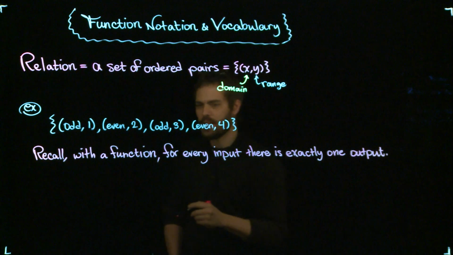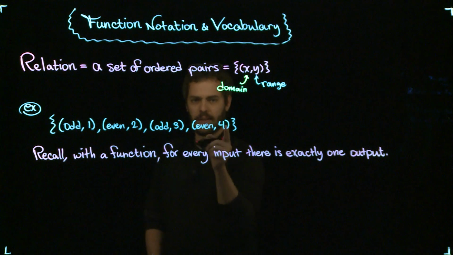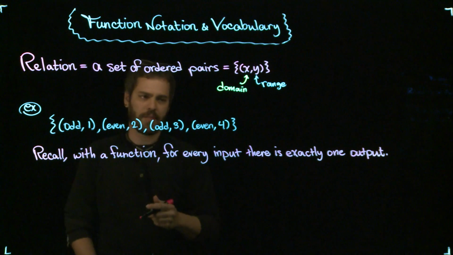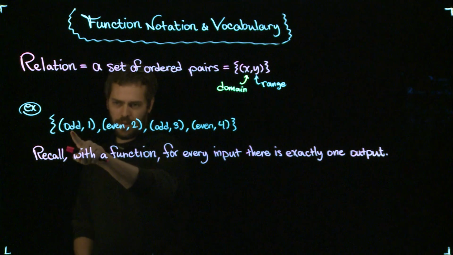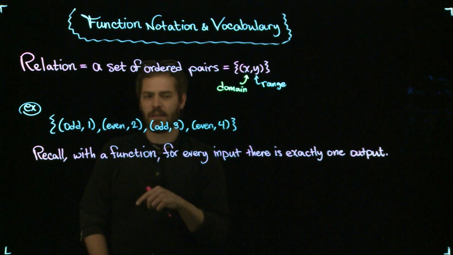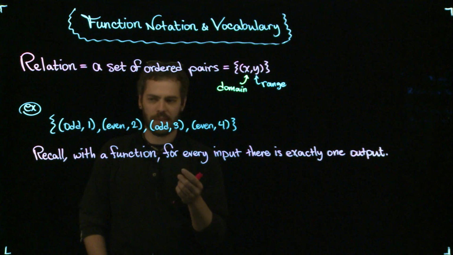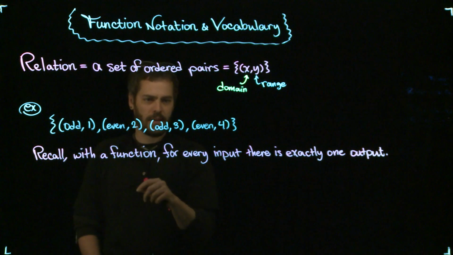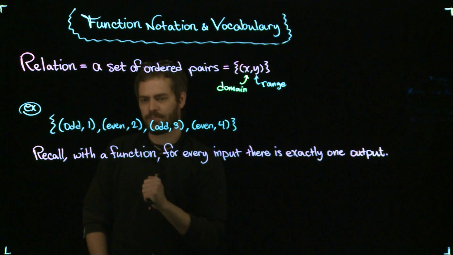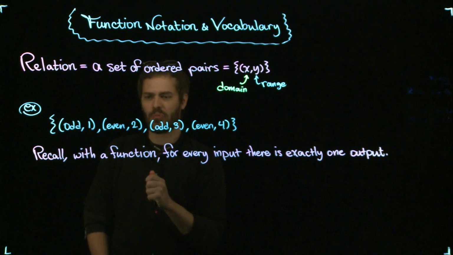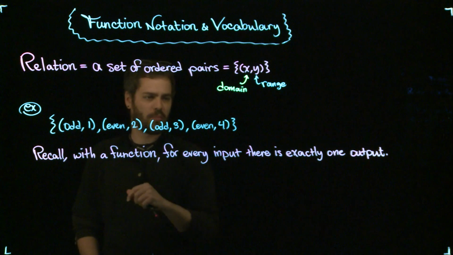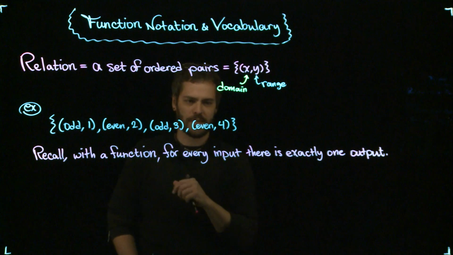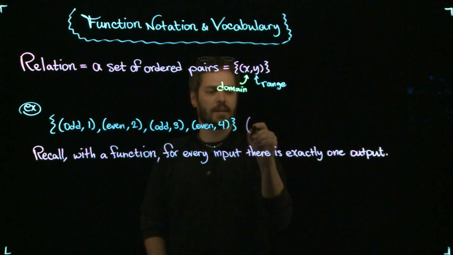Okay. So with that definition in mind, is this relation a function? I have to say no, it's not a function, because for the input odd, you notice that there are several outputs. There is 1 as an output, and there is 3 as an output. For the input even, there are multiple outputs. 2 is an output, and 4 is an output. So I'm going to have to say no, this is not a function.